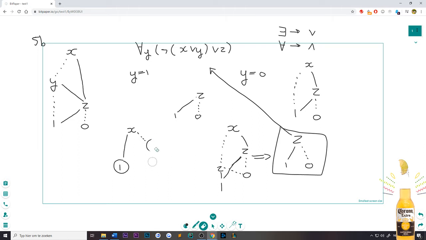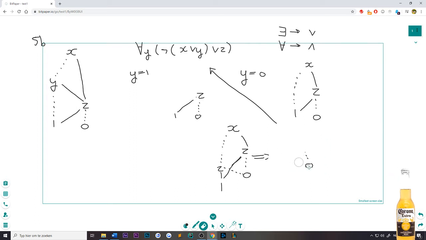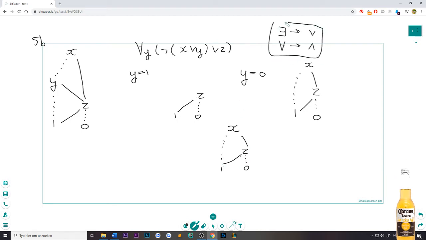I'll explain again. We have a 1 here and a 0 here. Whenever we do this, we apply it to the children of the node that we're looking at.